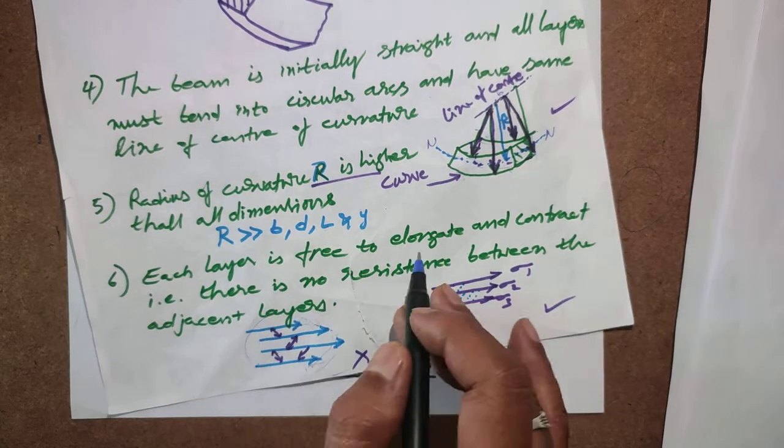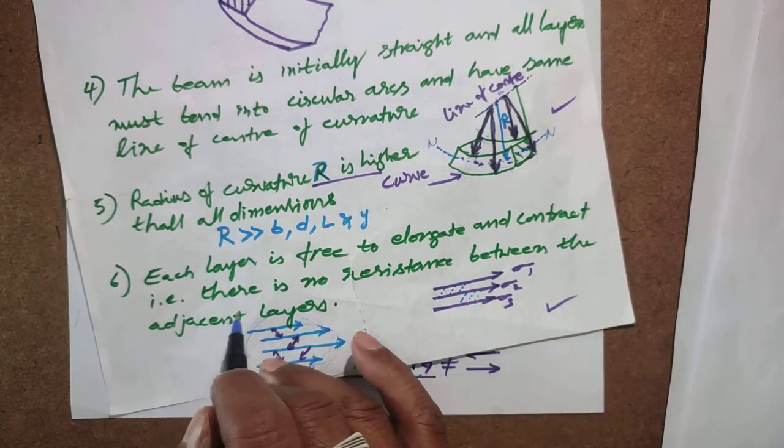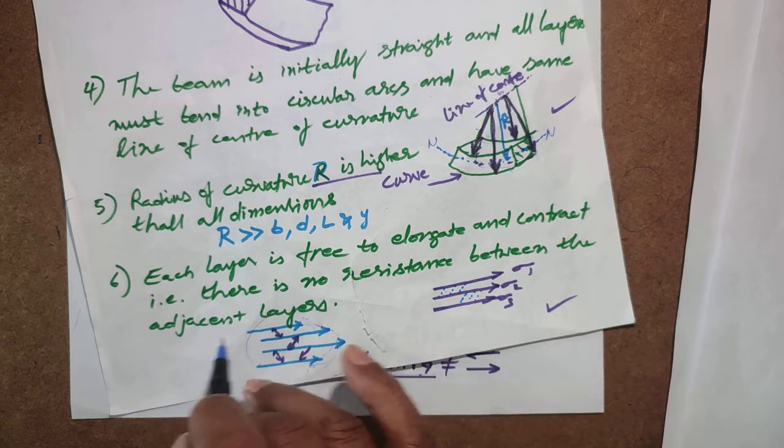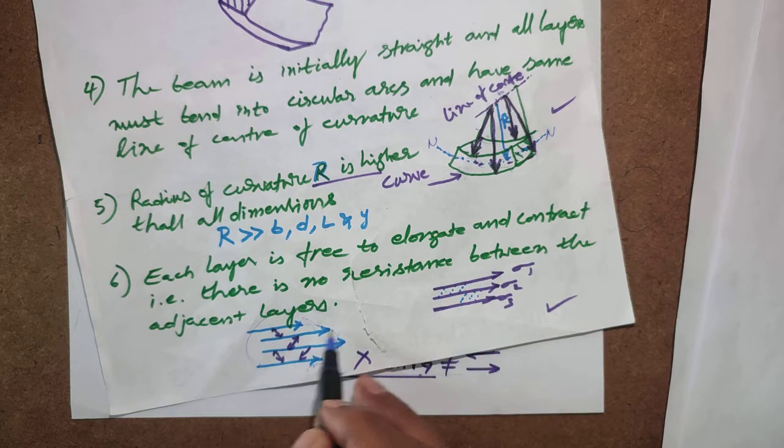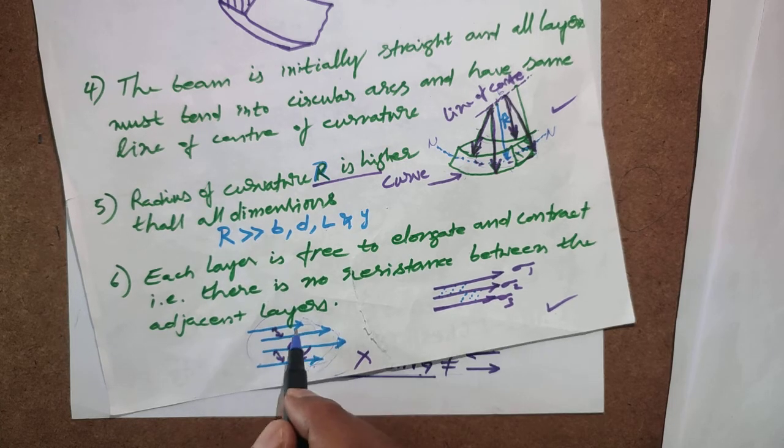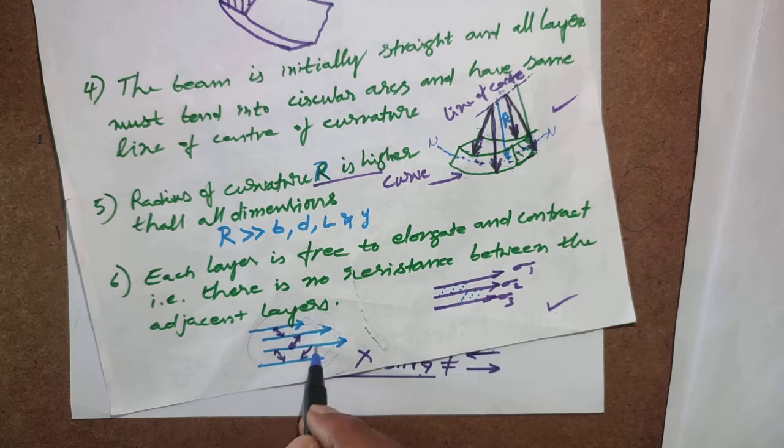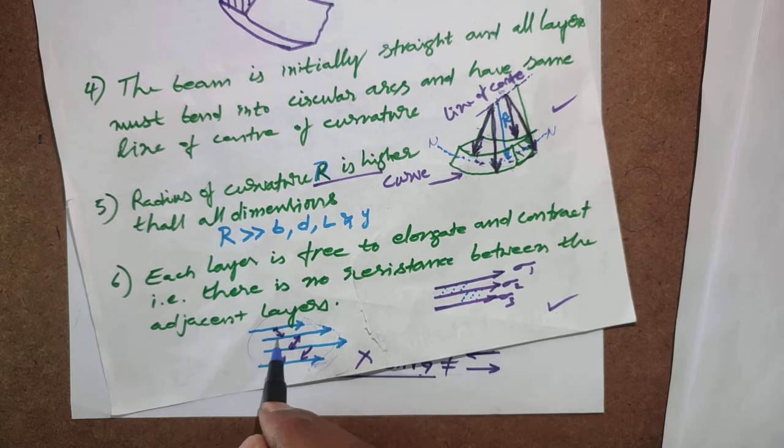Each layer is free to elongate and contract, that is, there is no resistance between the adjacent layers. Here the adjacent layers are subjected to certain forces, and they appear irregular due to resistance force between the layers of the molecules. The stress distribution is not uniform.